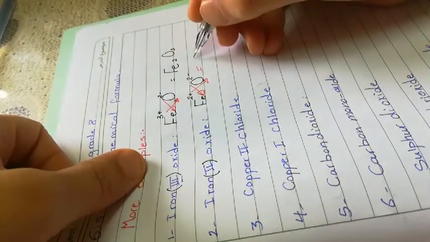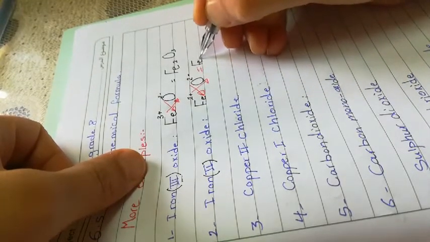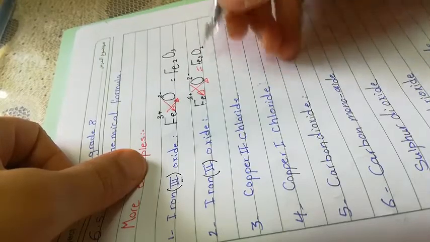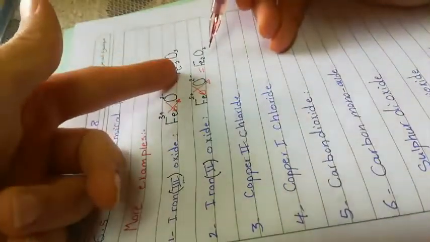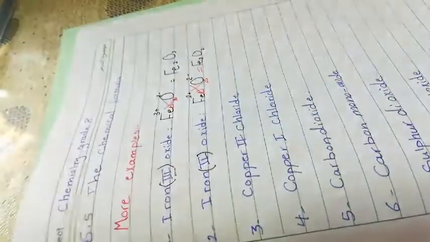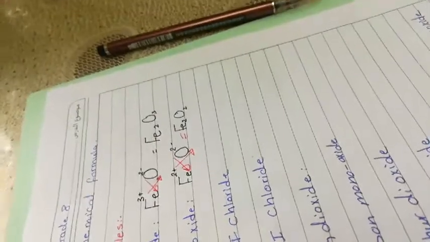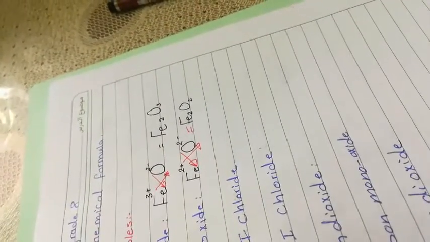So, okay, I will write Fe2O2, but is this the final answer? No. Is this formula acceptable? No. Actually, you must write it using the simplest form.